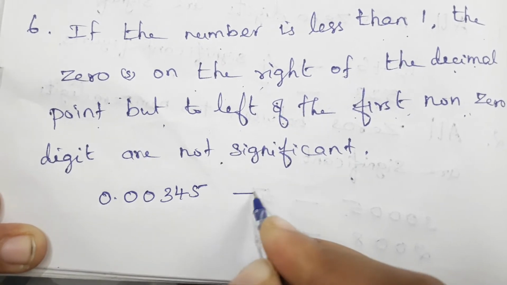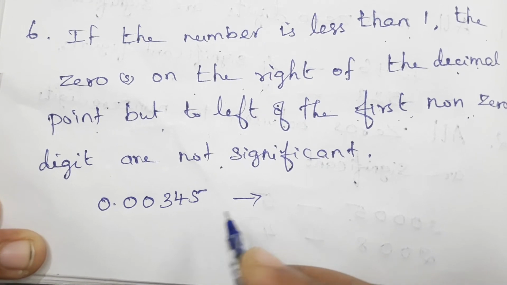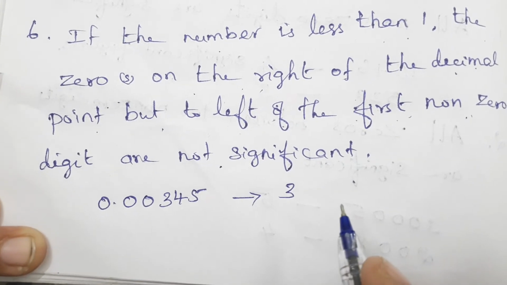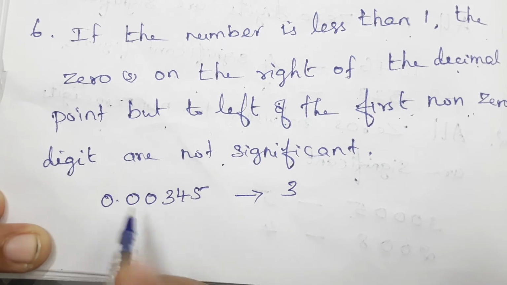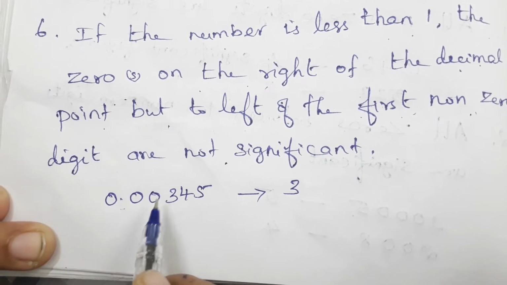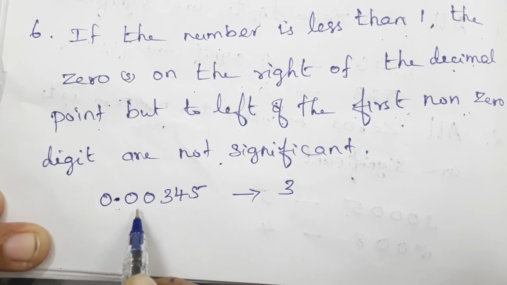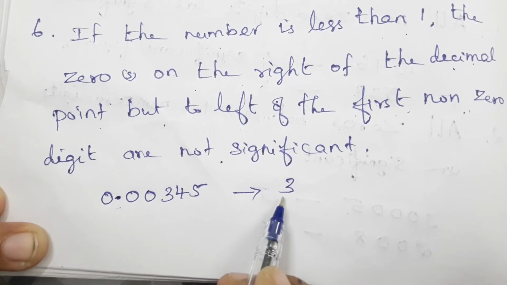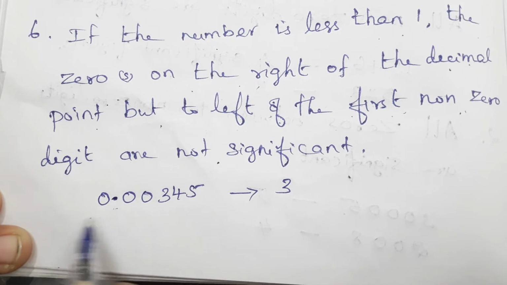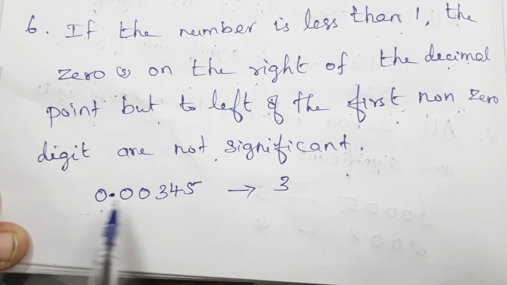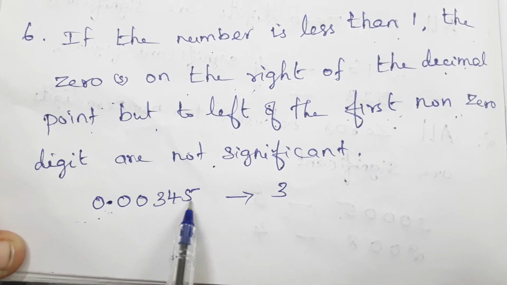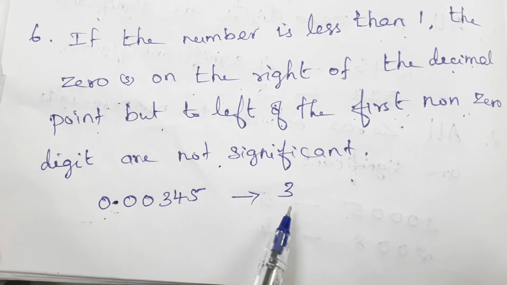How many significant figures does it have? 3 significant figures. The zeros to the right of the decimal point and to the left of the non-zero digits are not significant when the number is less than 1. So 1, 2, 3. It has 3 significant figures.